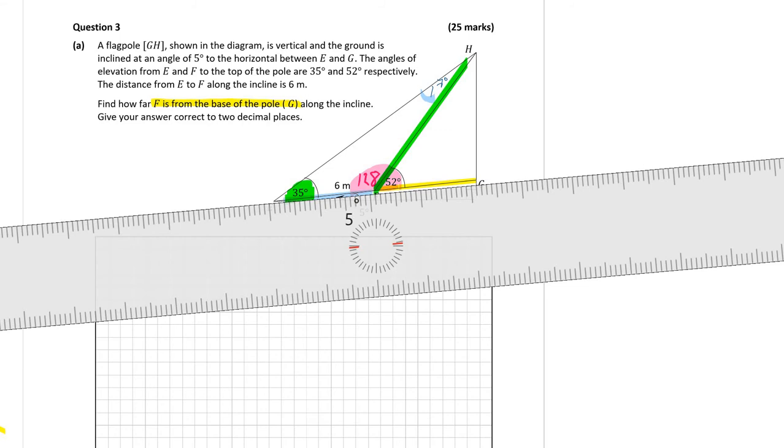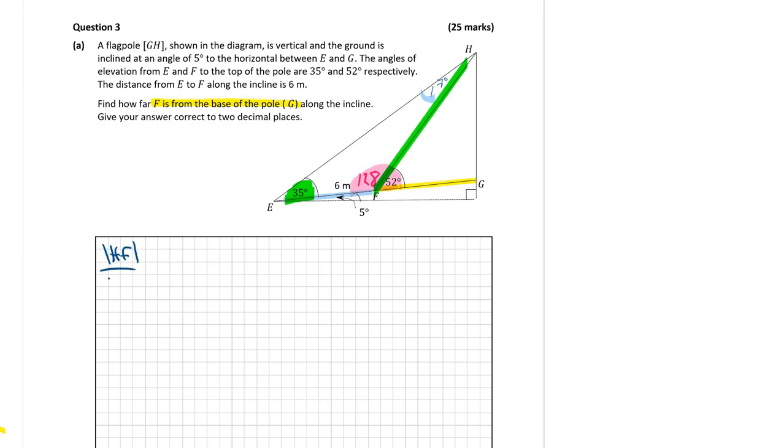That allows me to work out the length of the green line there. So HF over the sine of 35 degrees is equal to 6, which is EF, over the sine of 17. So I can just rearrange that formula. 6 times the sine of 35 divided by the sine of 17 degrees gives me the length of the line HF.